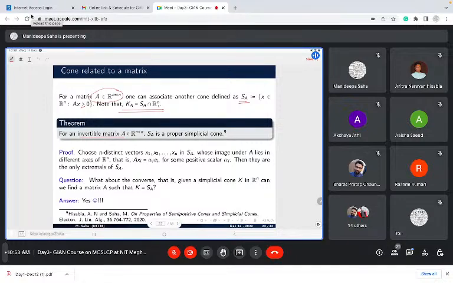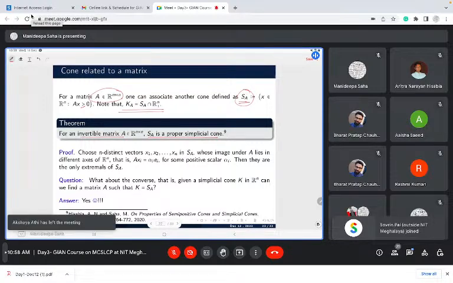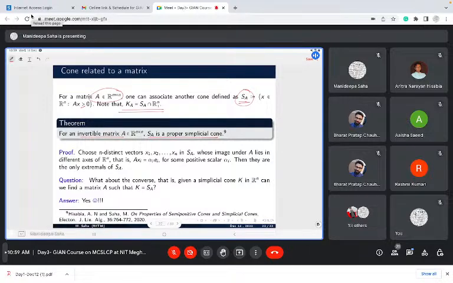That is the reason S(A) has been considered, and here we prove that if we consider an invertible matrix, S(A) is not only a polyhedral cone, but a simplicial cone. If it is a simplicial cone, then obviously the question comes to mind: what are its extremals, and how is the cone generated?